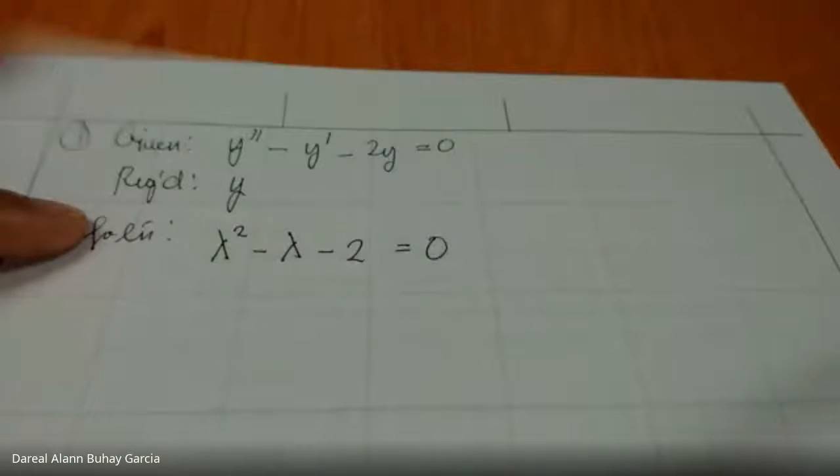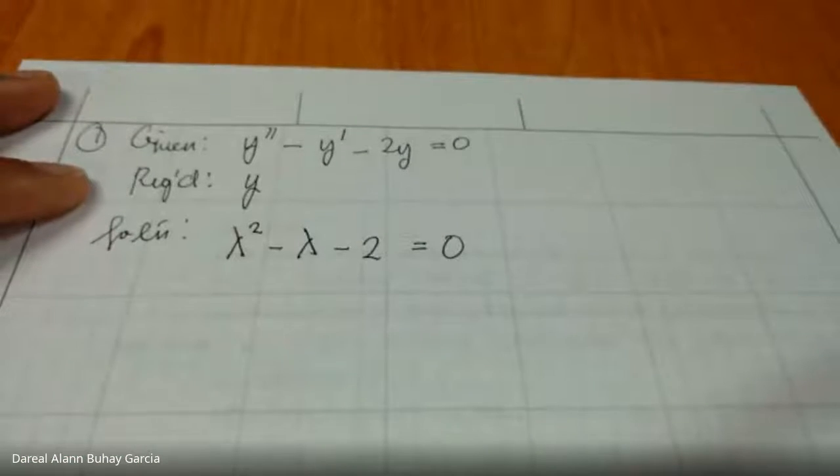Lambda squared minus lambda minus 2 is equal to 0. Is this right?